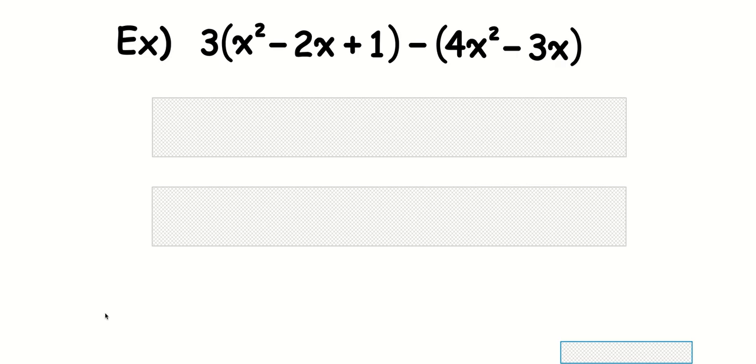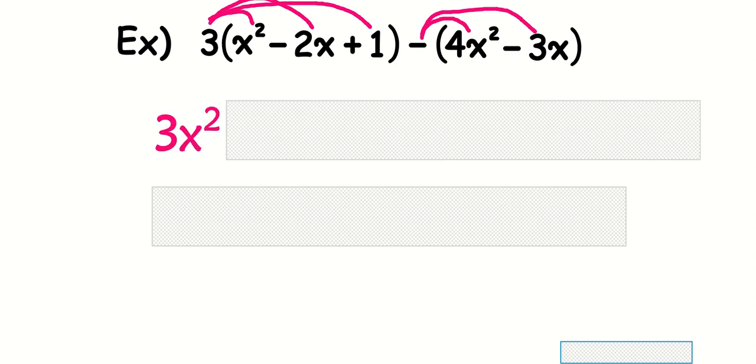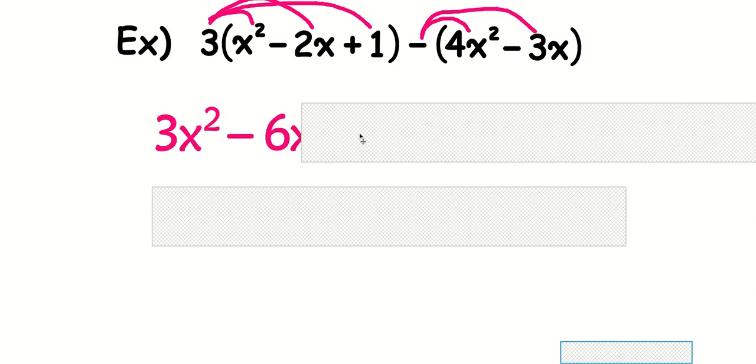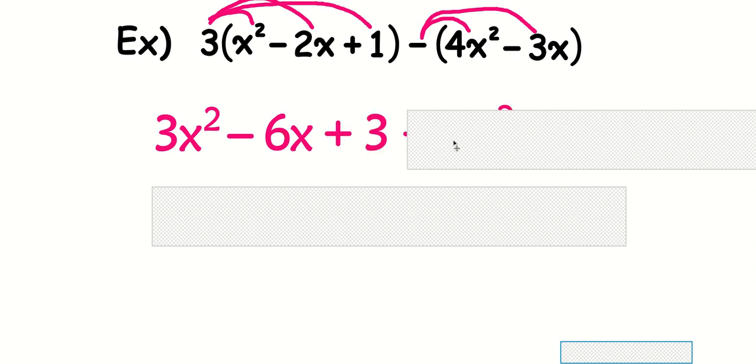And then this one is just another extra example where, again, here there's a 3 to distribute. Here there's a negative sign or a negative 1 to distribute. So 3 times x squared, 3x squared. 3 times a negative 2x would be negative 6x. And then 3 times 1 is 3.